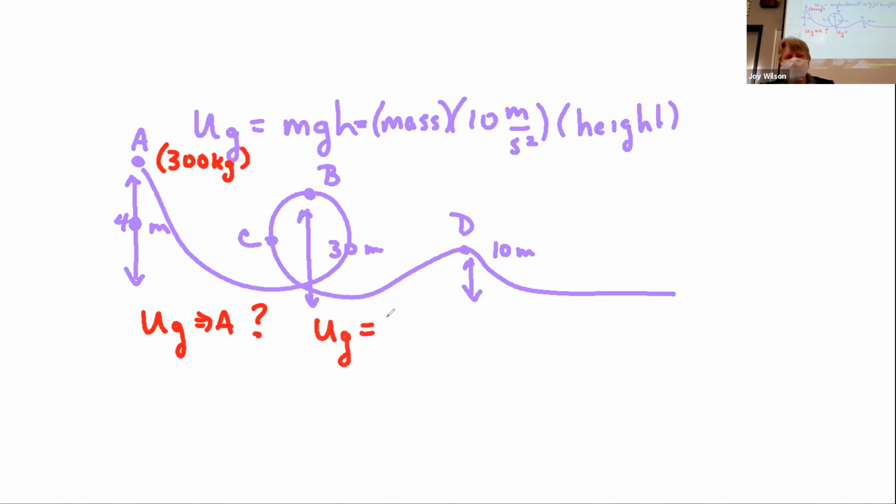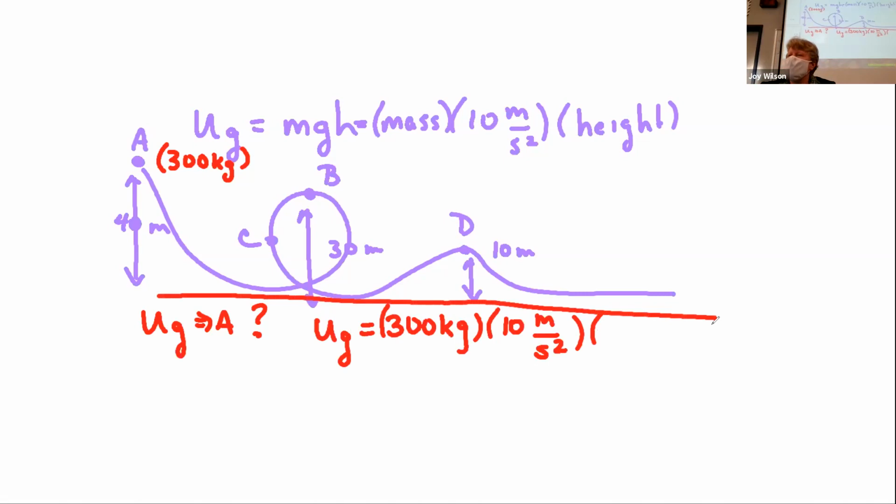Well, it's our mass times gravity's acceleration, which is 10. And where are we going to put our 0 height? Where would be a good place to put our 0 height? Well, probably here at the bottom of the roller coaster, right? Since you told me the height above ground in each of these cases, I'm going to make this my height equals 0.